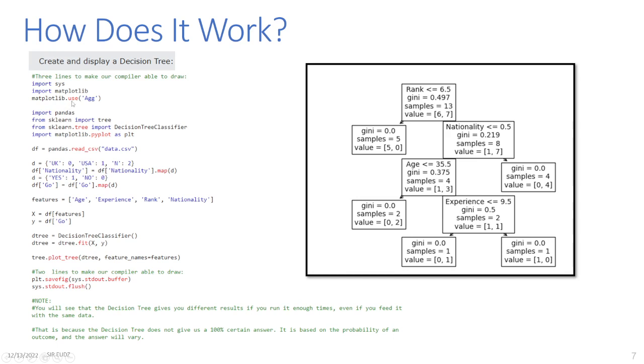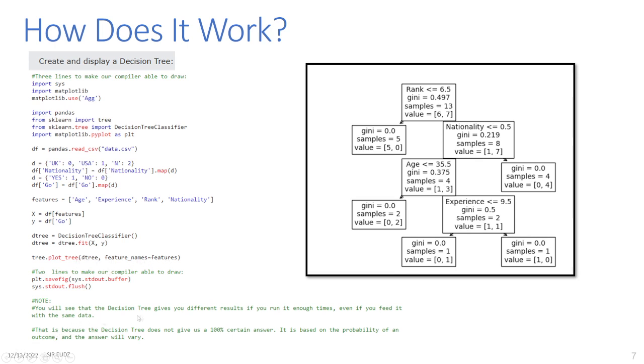And then since we imported matplotlib, we call tree.plot_tree(dtree, feature_names=features). So we plot the tree, and then plt.savefig(sys.stdout.buffer), then sys.stdout.flush(). So we need these two lines to display, I think, from the W3 school. Maybe you can eliminate these two lines, and this will now display the tree.